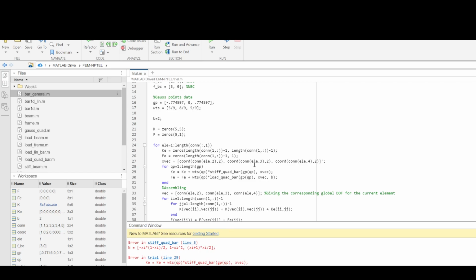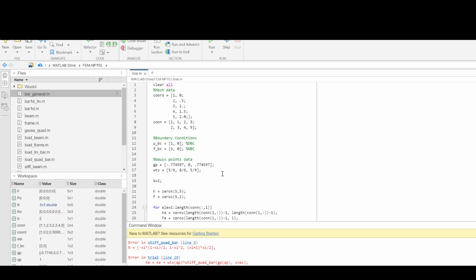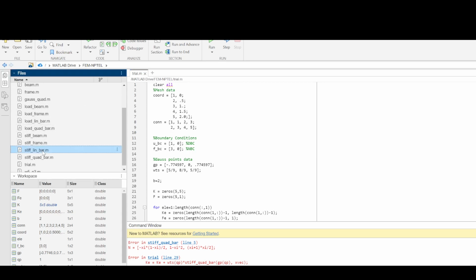Swift quadratic path. It can work with linear elements, I guess.